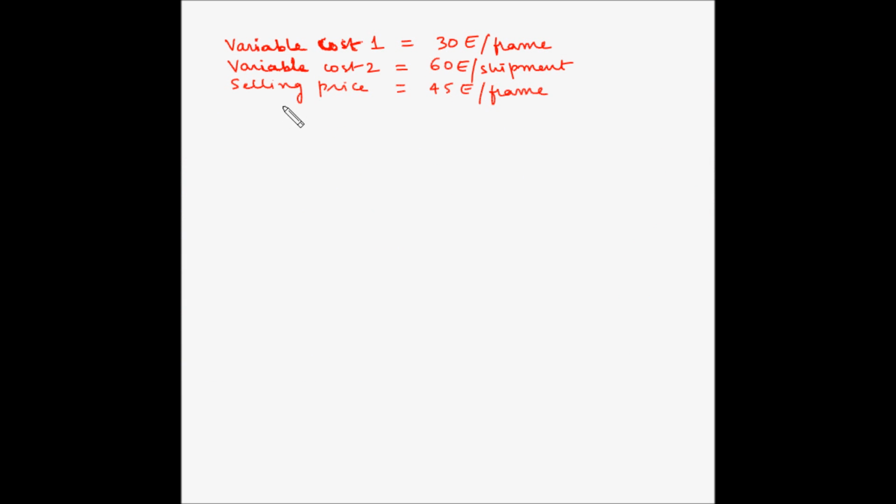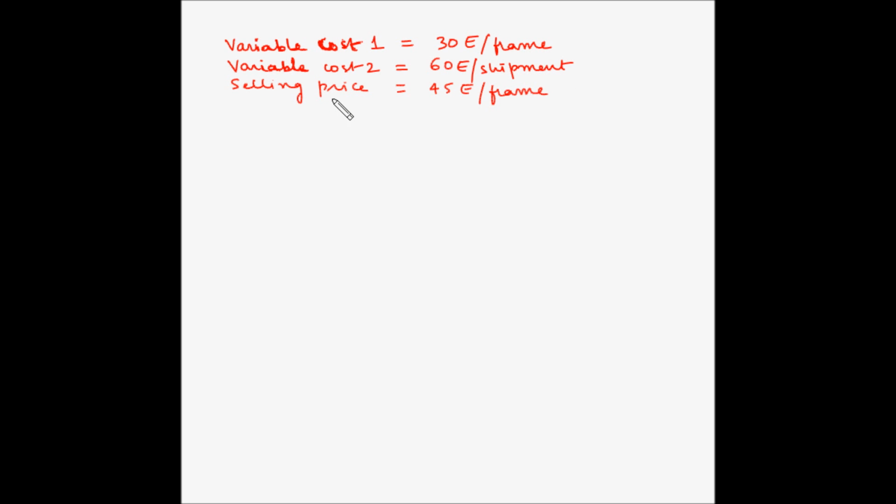So in this example, the information provided to us is the variable cost number one is 30 euros per picture frame. Variable cost number two given to us is 60 euro per shipment, and the shipment may have any number of frames.